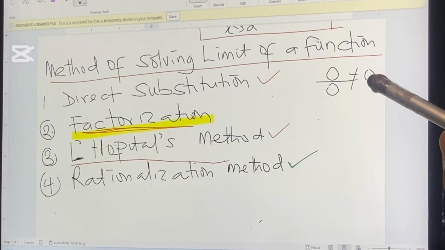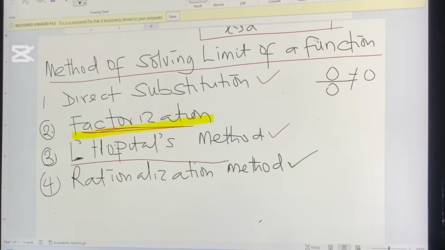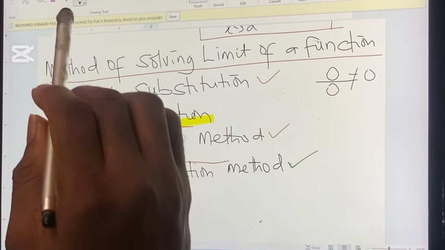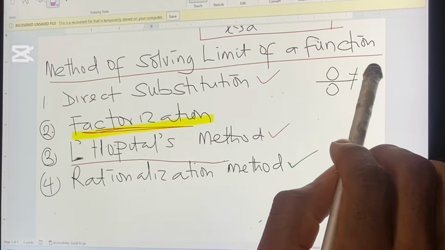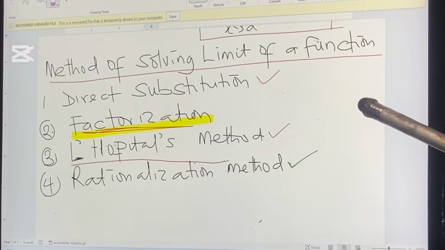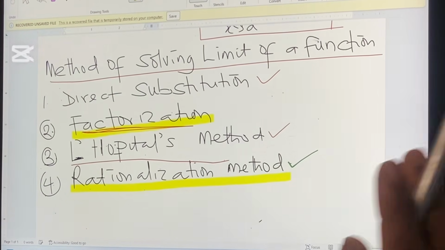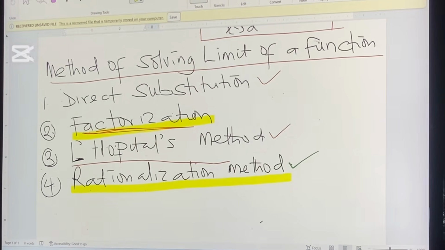So the method to solve this kind of limit is factorization method or L'Hopital's rule. Please take note. Now, when you have a limit of a function written in terms of surd, to solve that particular limit, we use rationalization method. Please take note. Okay, let's solve some questions here to understand the method perfectly.